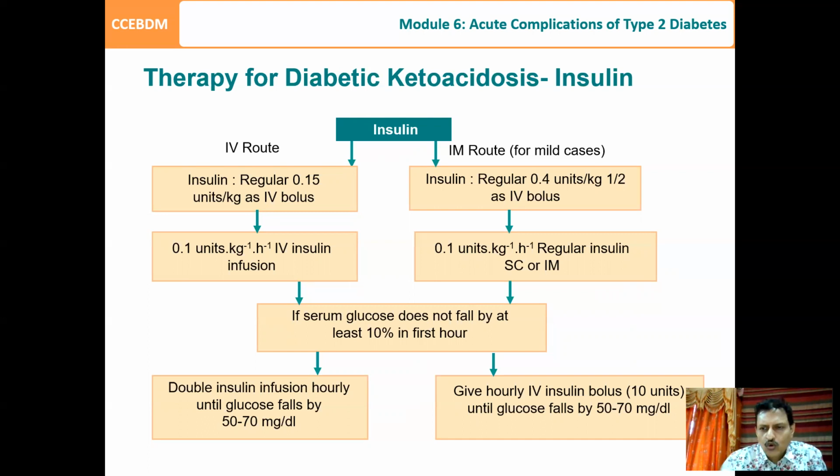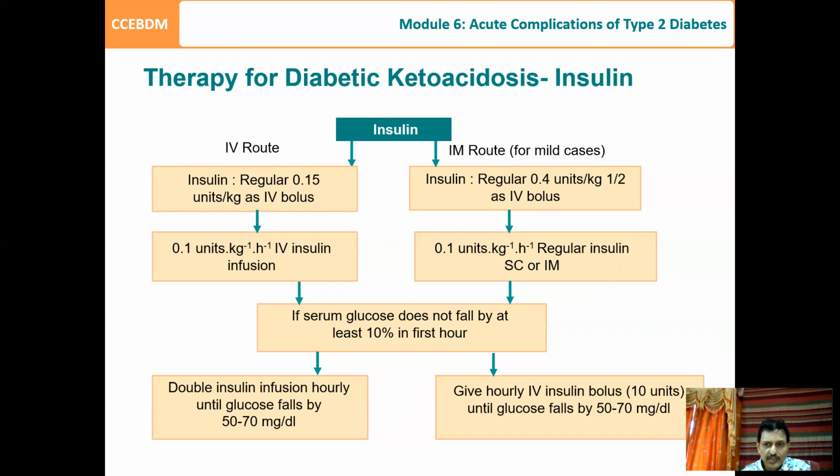Insulin in a low dose acts as an anti-catabolic agent. It prevents lipolysis. Insulin in a high dose is basically anabolic. It promotes glycogenesis. So insulin has 2 basic actions: 1, it prevents catabolism; 2, it is an anabolic agent.